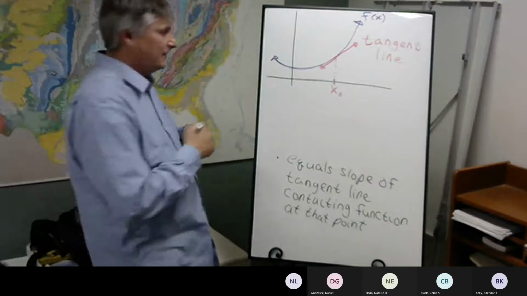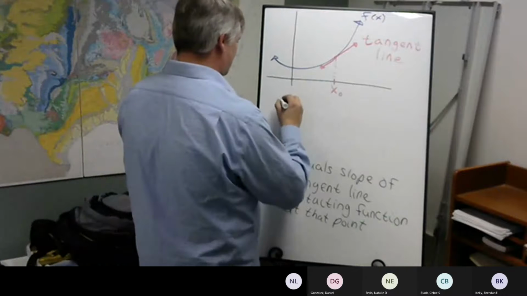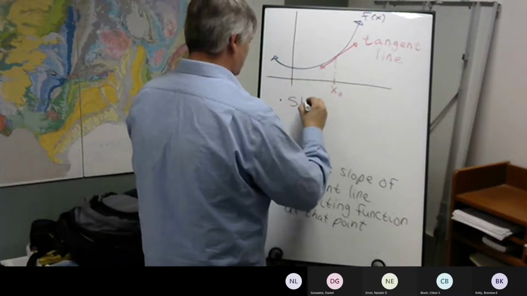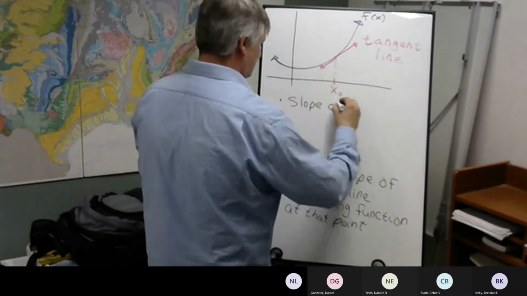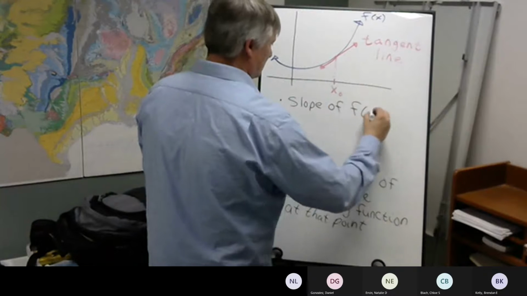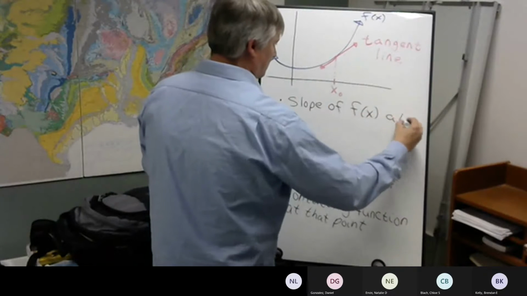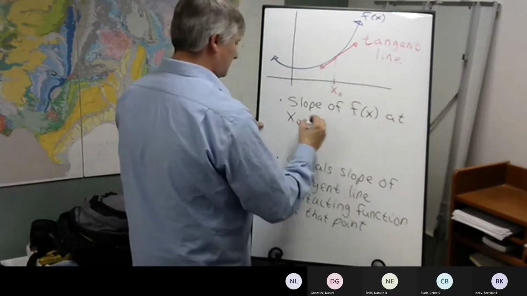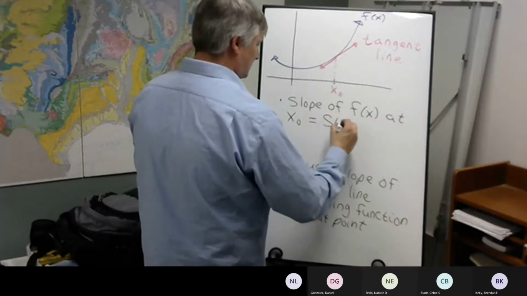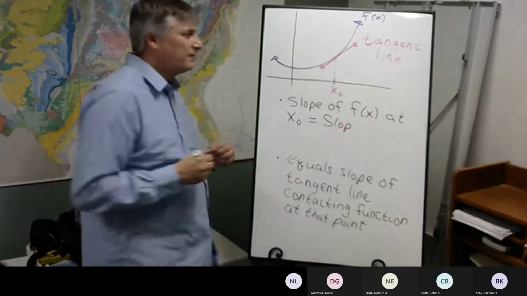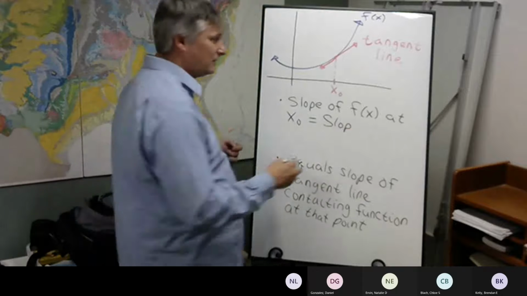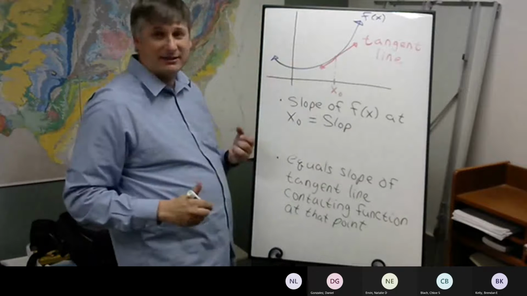So what this is saying is the slope of f of x at x0 is the slope of that tangent line.